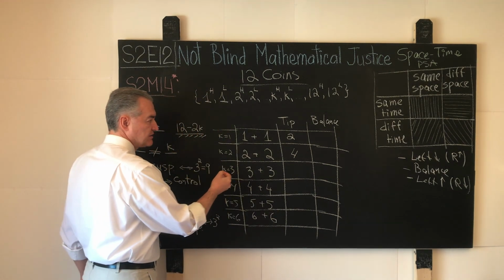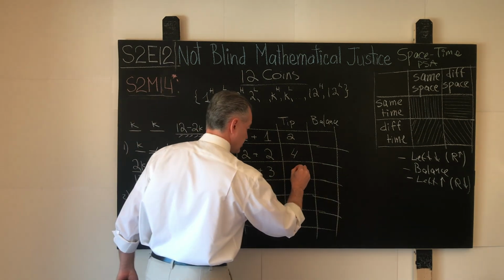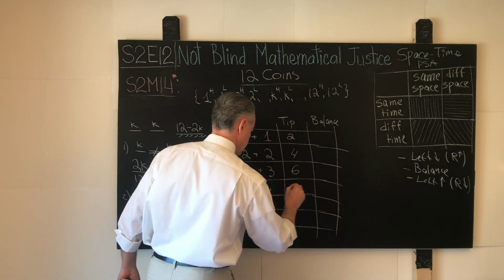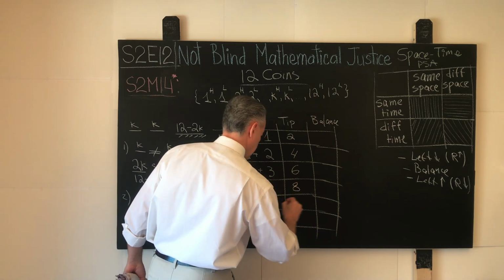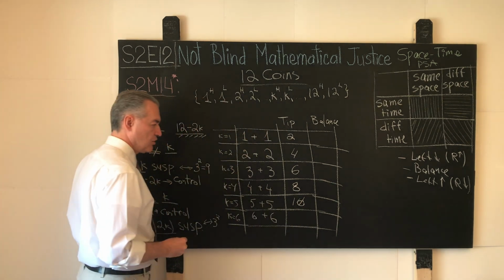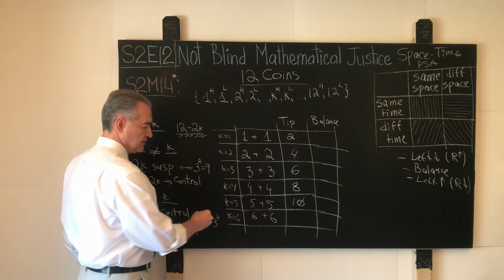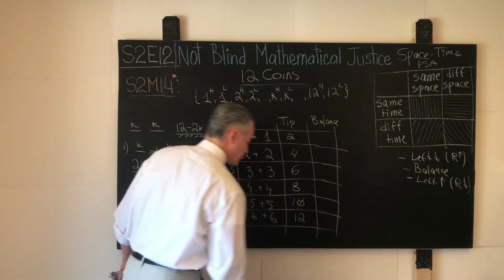When the pans tip over in the 3 plus 3 partition, we need to generate 6 units of information. In the 4 plus 4 partition, 8 units of information. In the 5 plus 5 partition, 10 units of information. And in the 6 plus 6 partition, 12 units of information.